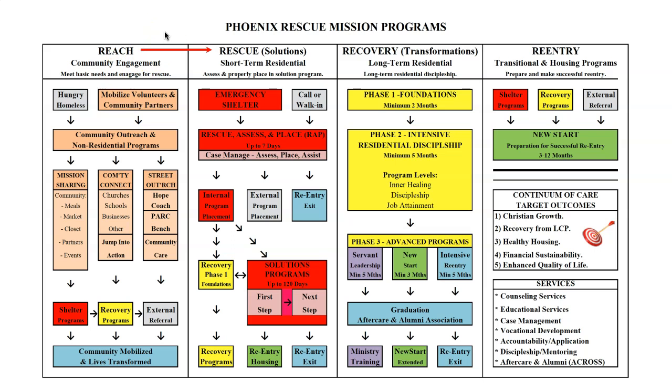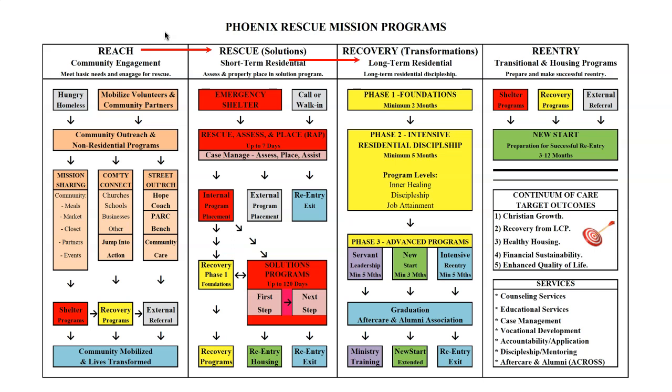And here they're working on this short-term residential program. You can see their whole process for bringing people into that program and how it may look from beginning to end, which leads them to recovery.